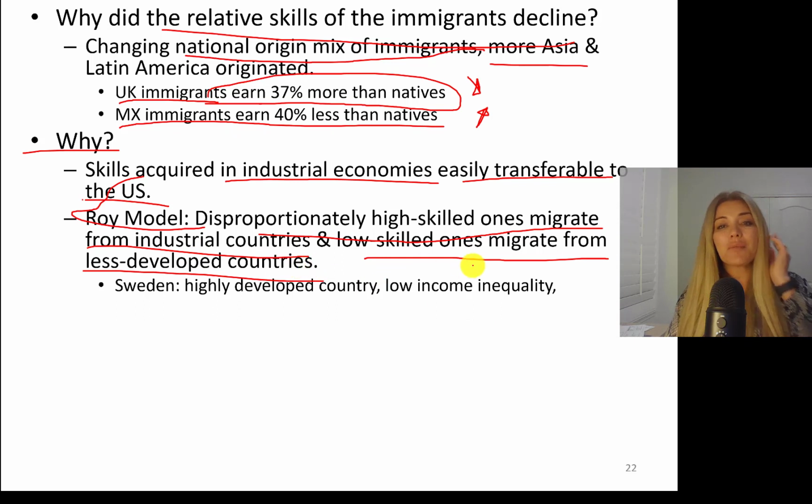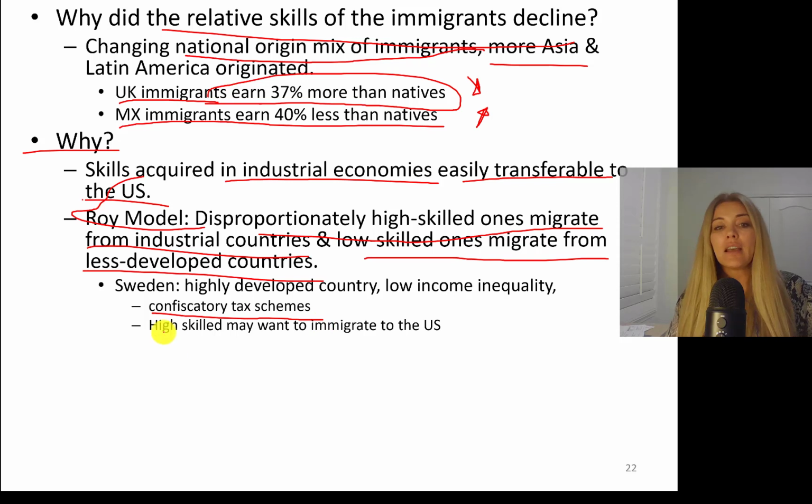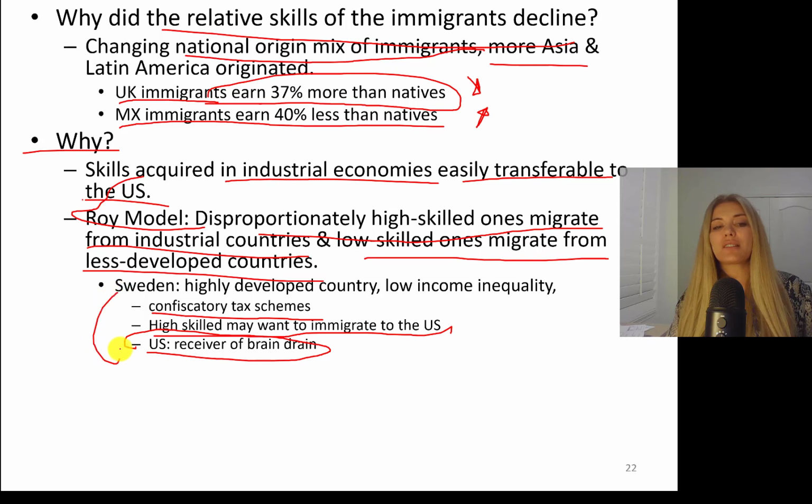There is low income inequality in that country. So they have confiscatory tax schemes, which means they have 30, 40, 50% income tax. High skilled people in those countries may want to come to the US to avoid high tax rates. The US is therefore a receiver of brain drain from countries like Sweden.